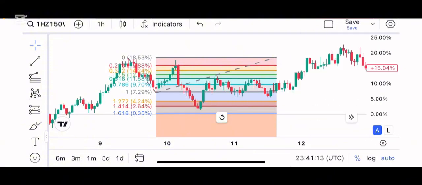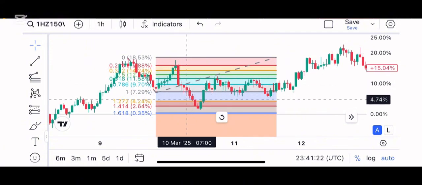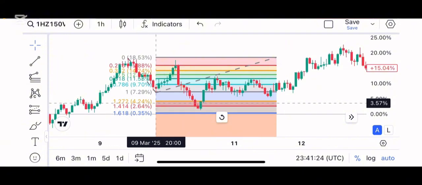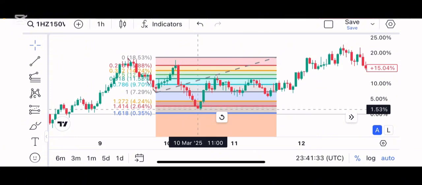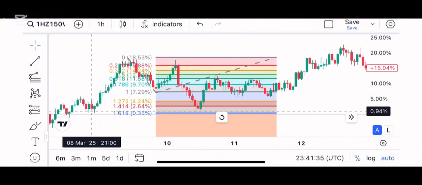Now you can see how price was able to come down, and what we want this leg to do is at least touch the 1272 Fibonacci. You can see price was able to go all the way down to 1272 Fibonacci, but we do not want this leg to go below the previous A leg. So you can see that this leg is just above this one.